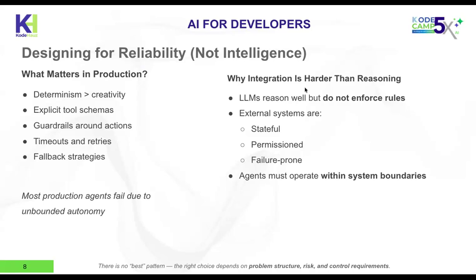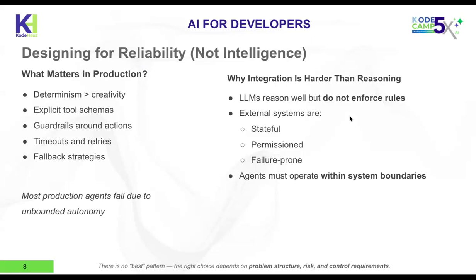The more difficult challenge is how you channel that reasoning properly. Okay. So the LLMs will reason well, but they do not enforce the rules. So you have to ensure that rules are enforced. Your prompts have to be very clear and explicit, and so on. External systems are stateful.